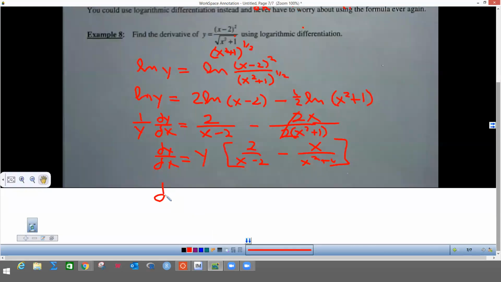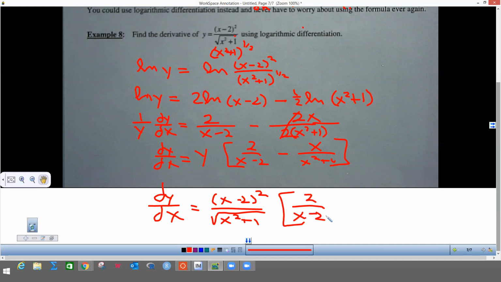So when I do that, I get dy/dx is going to equal x minus 2 squared over the square root of x squared plus 1 times all this other stuff that was in the brackets already. And we're done. That'll probably be the way they would write that on a multiple choice question on the AP test.